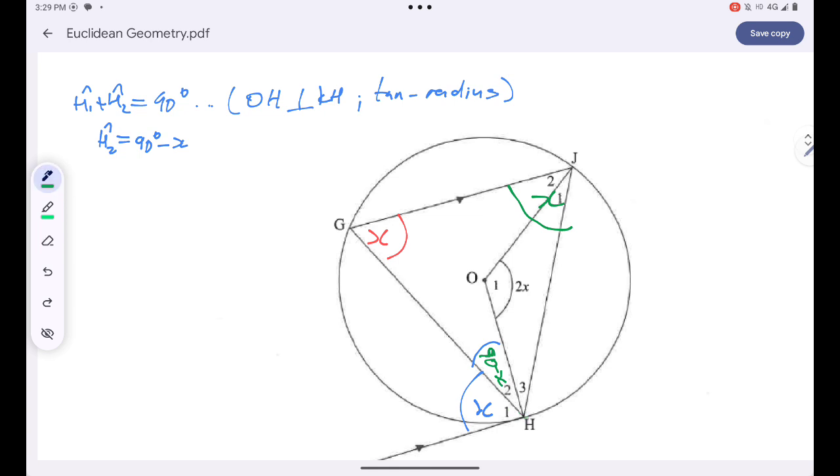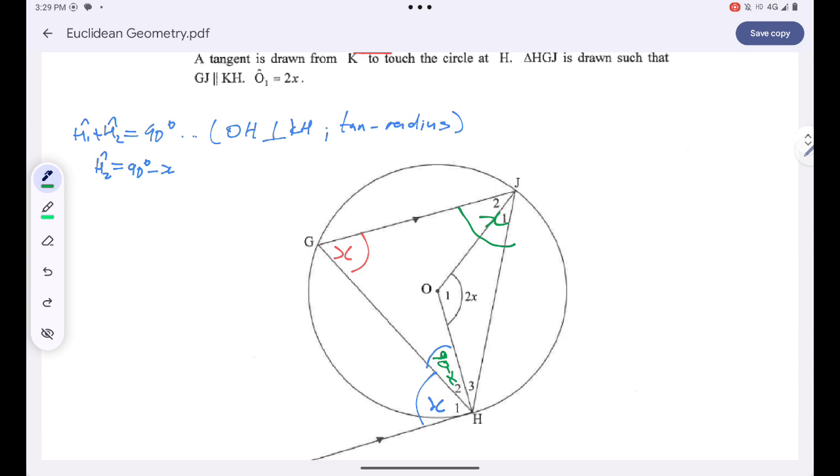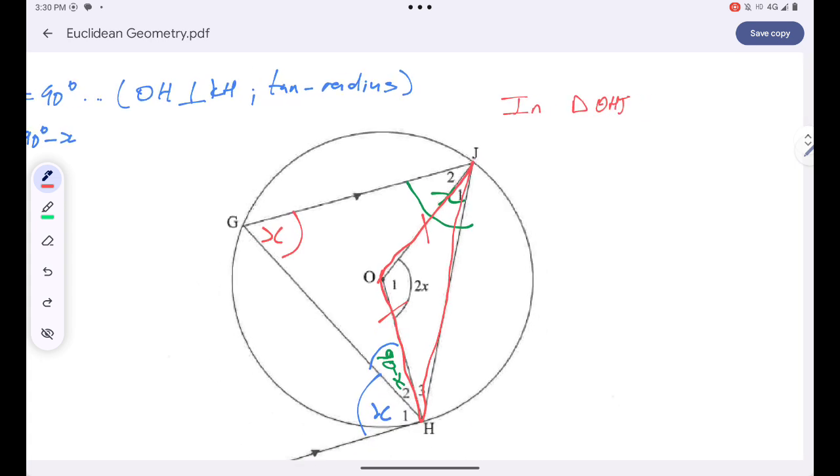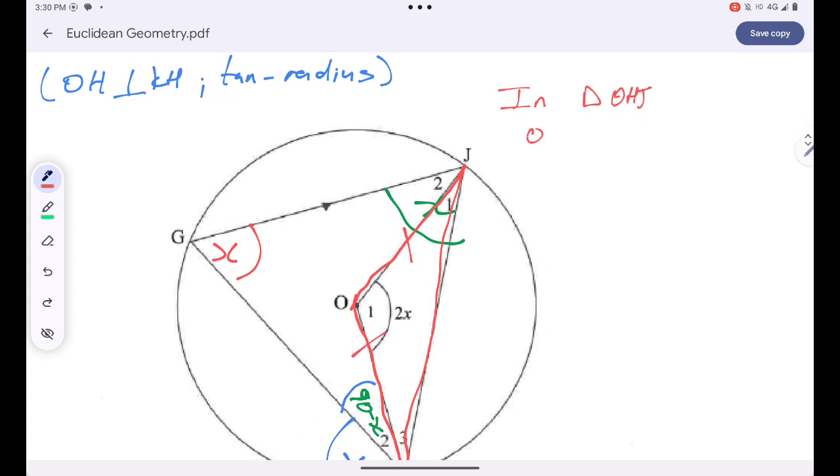And how can we show that H3 is also 90 degrees minus x? Remember that, guys, we have a triangle over there, and it's an isosceles triangle because OJ and OH are equal. You can simply direct the person who will be marking you that you are focusing on triangle OHJ, this red triangle over there, and you can conclude that OJ is equal to OH, radii.